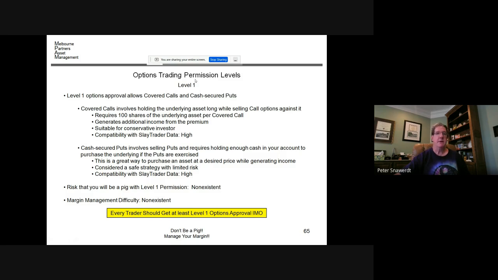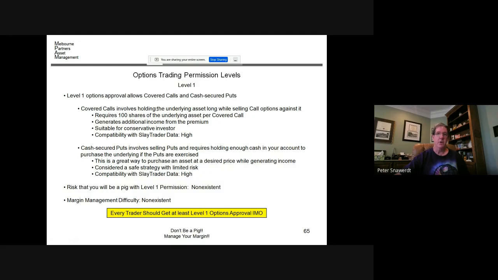Level 1 options approval allows you to trade covered calls and cash secured puts. A covered call involves holding the underlying asset long while selling call options against it.